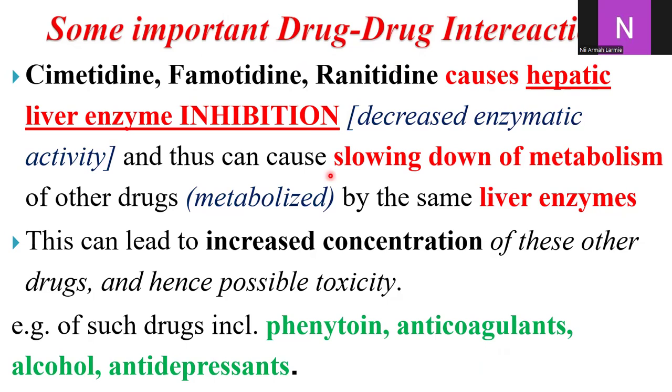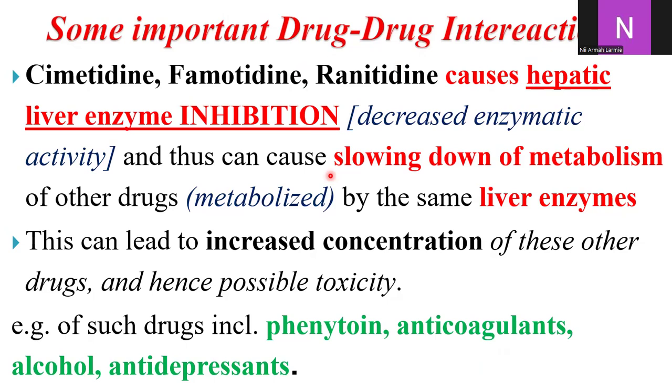In other words, they are able to slow down the metabolism of other medications which are metabolized by these same enzymes. And in slowing down that metabolism, it leads possibly to an increased concentration of the other drug. That increased concentration will result in toxicity. So, for example, if you put cimetidine together with phenytoin into a patient, you have to be monitoring the phenytoin concentrations simply because both of them are metabolized by the same enzyme.